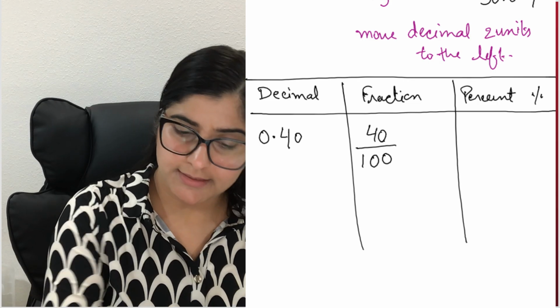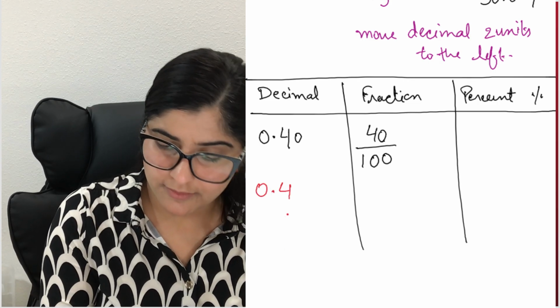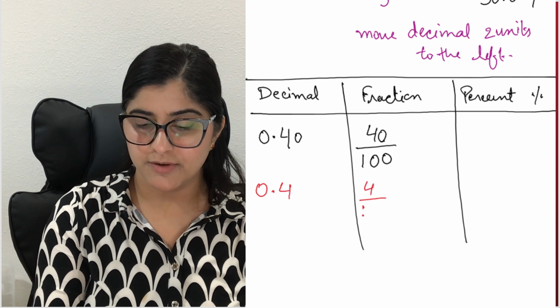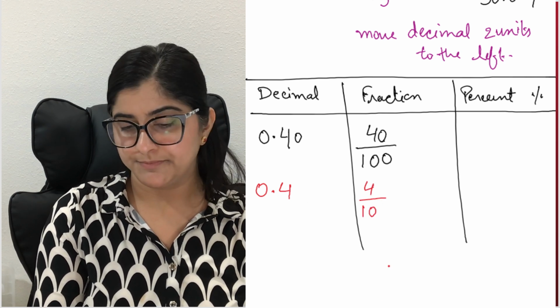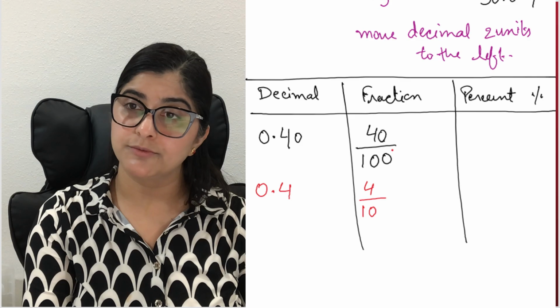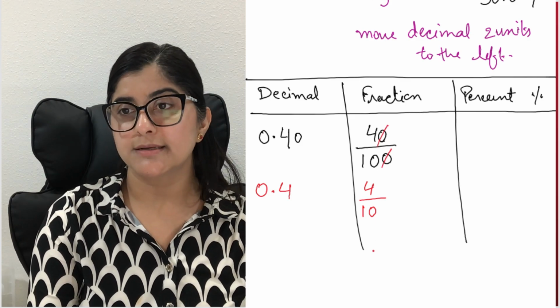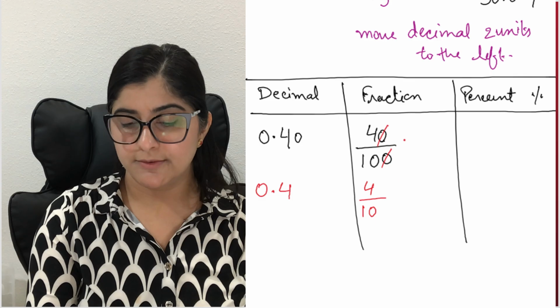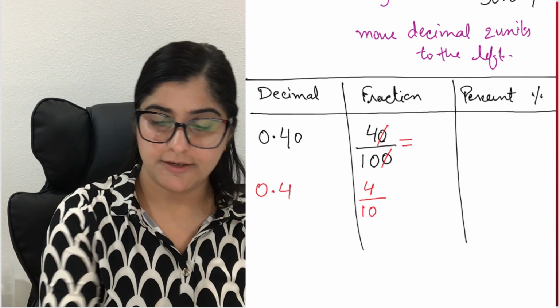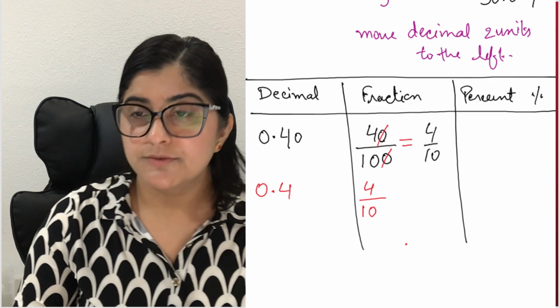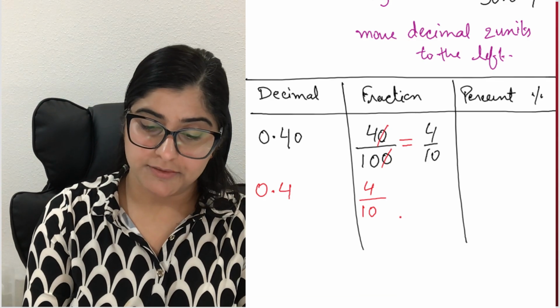You will say, Preeti, this is the same as 0.4. Yes, if it is written as 0.4, you will write 4 over 10, with only one 0. Both fractions are the same. Why? Because we can cancel out the ending zeros from both the numerator and denominator, and we get 4 over 10. So these 2 fractions are the same, and this is a fraction representation.